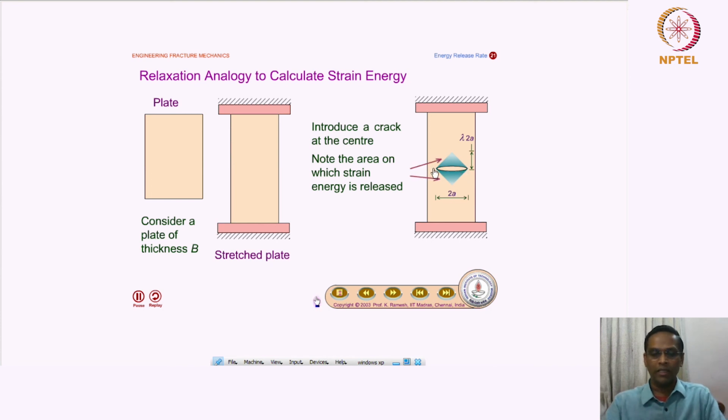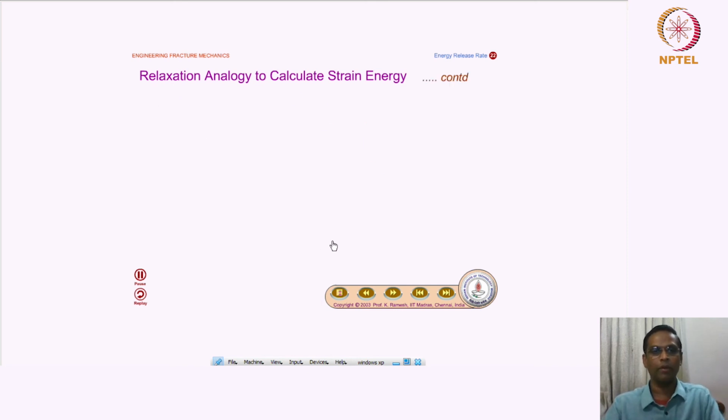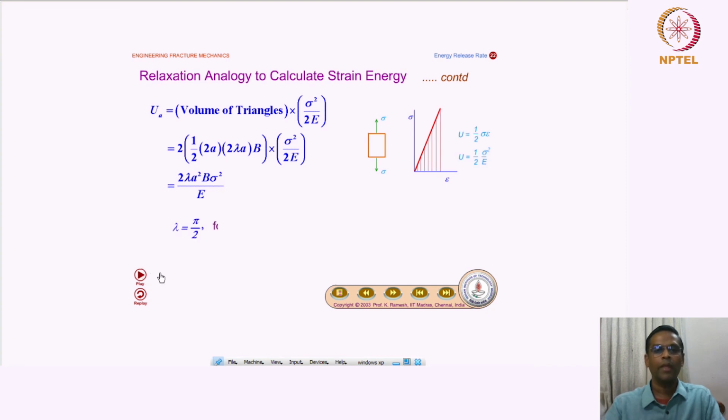For creating those new surfaces, the energy comes from this nearby region. That is how we should assume at this point of time. This is a simple schematic, so we are trying to make some analogy. So U_A is the volume of the two triangles we just witnessed, times sigma square by 2E. That is how we are going to calculate U_A. This expression we have already seen.